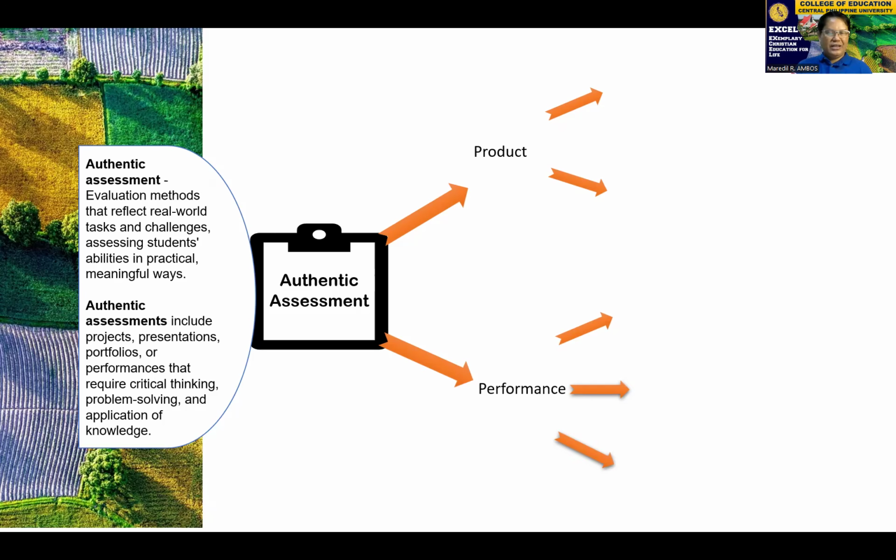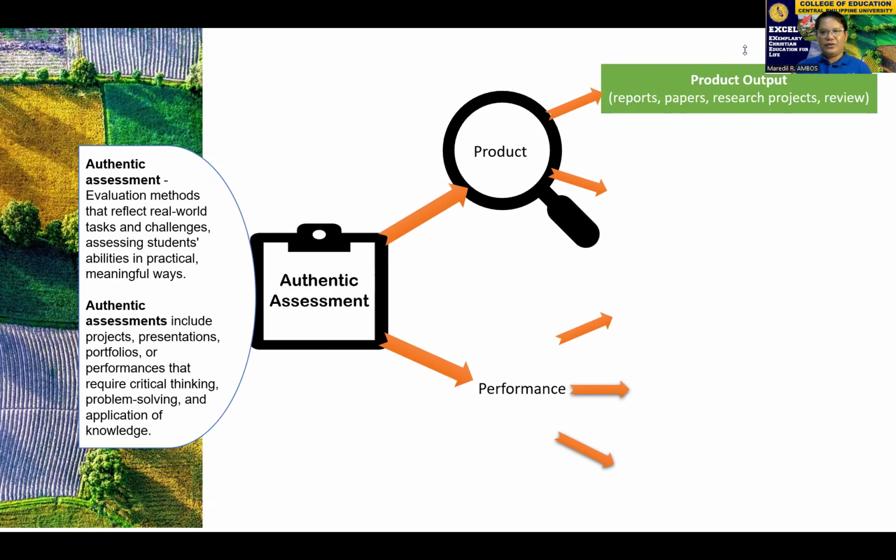This authentic assessment can be divided into two: the product, which talks about the output. Examples here are reports, papers, research projects, and even reviews. Another is visual, so you can create a graph, collage, or reflective journal.